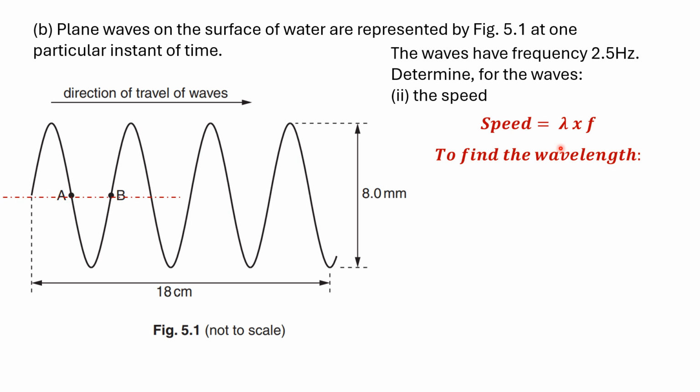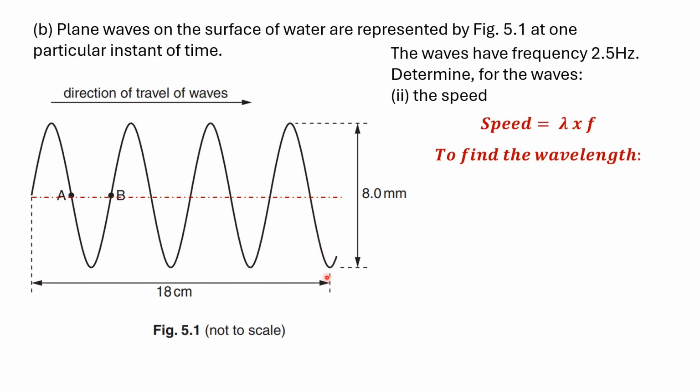First, let's draw the equilibrium line on this wave. Now, let's count how many waves we have in 80 centimeters. We have 1, 2, 3.5 plus a quarter right here.